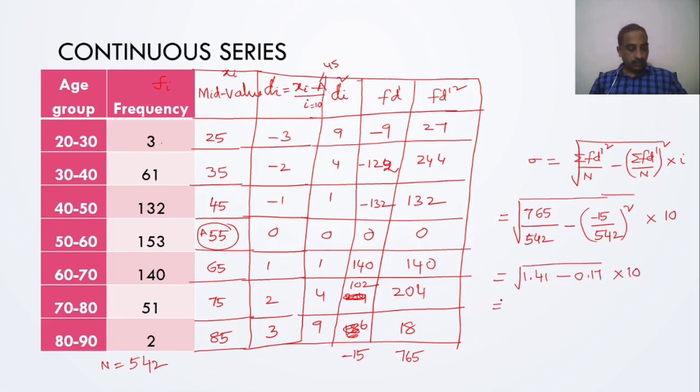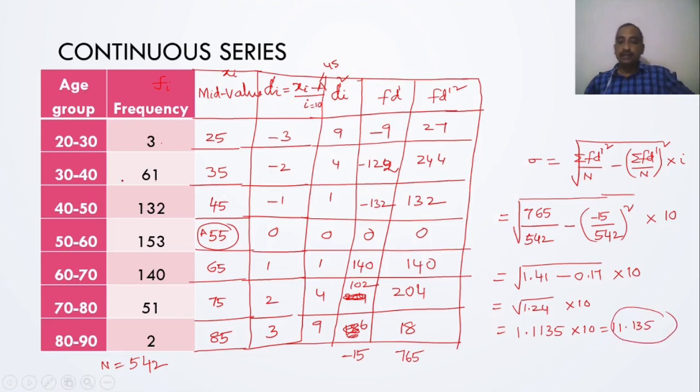So 1.41 minus 0.17 is 1.24. The square root of 1.24 is 1.1135, into 10 is 11.135. So this is the standard deviation of the given continuous frequency distribution, right?